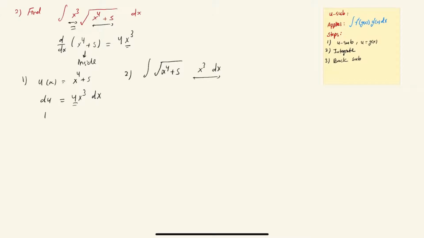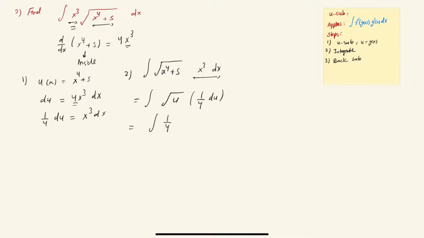Notice now, for this term, x cubed dx, I'm gonna move 4 to the other side, so we only have this term. Now, we will have the integral of square root of u, and then x cubed dx is gonna be equal to 1 over 4 du.